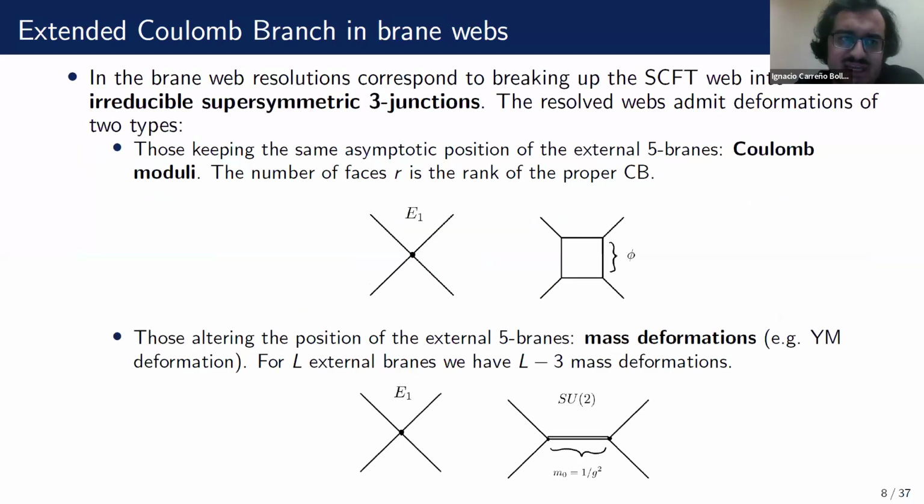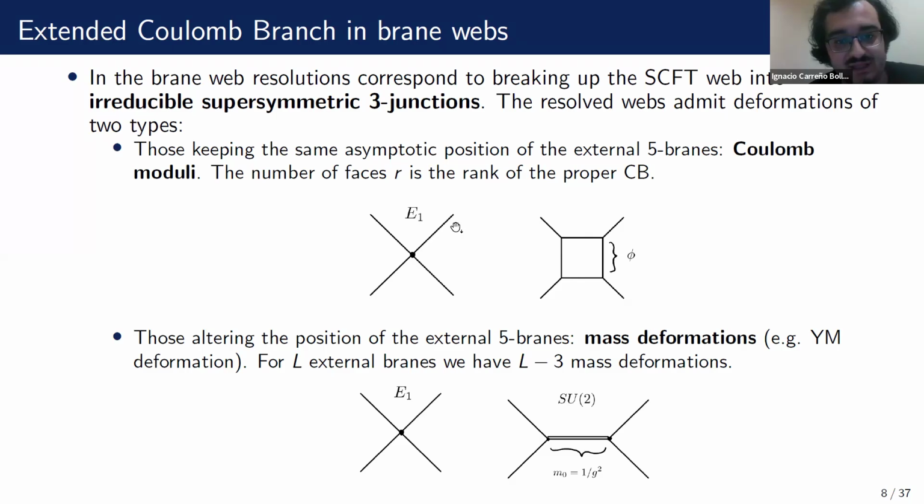So how do we see this extended Coulomb branch in the 5D brane web? Well, it corresponds to taking these junctions and opening them up into irreducible supersymmetric triple junctions. The web therefore admits two types of deformations. The first type, which corresponds to Coulomb moduli, are those keeping the asymptotic position of the external fibrations, which translates to just opening up a face.